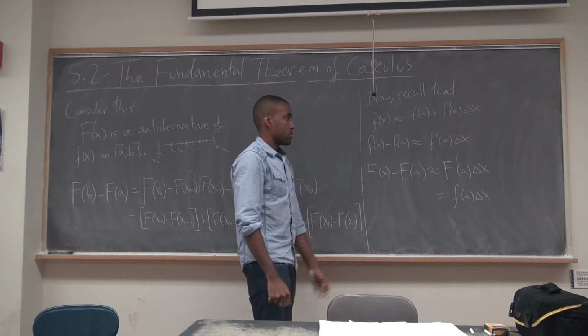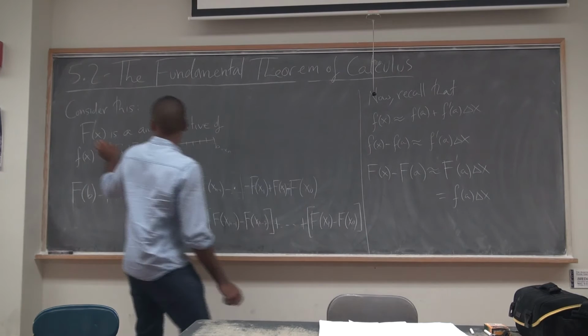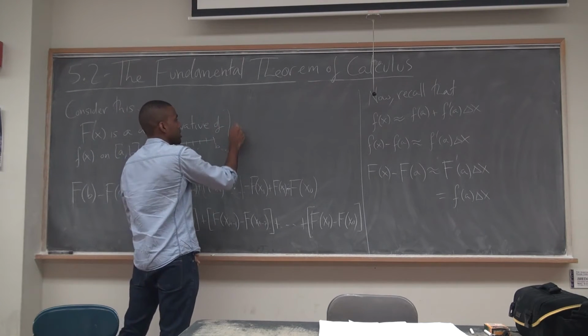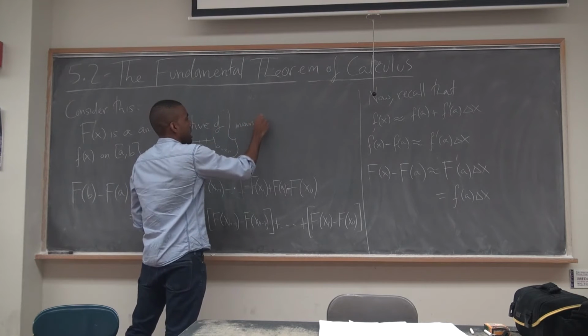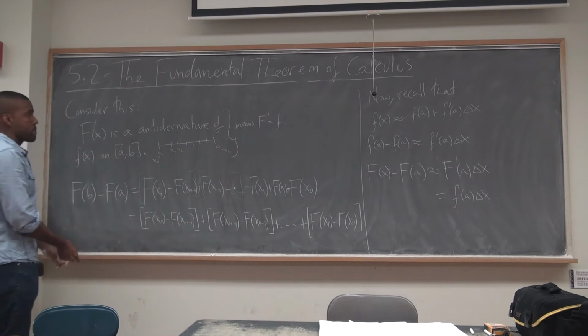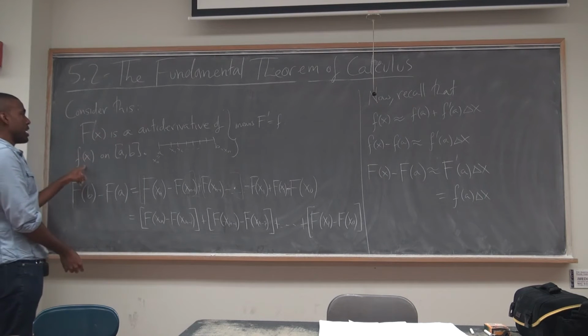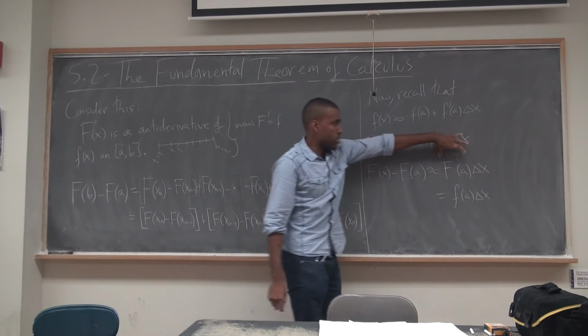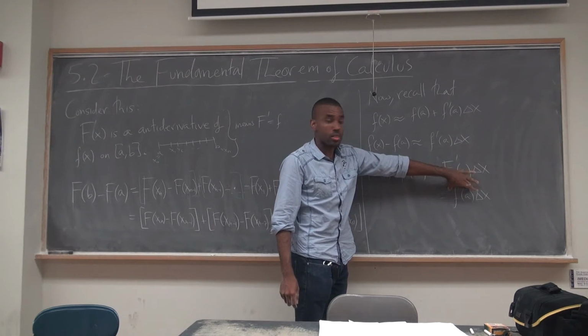All right, one more time. If big F is an antiderivative, it means that F prime equals little f. That's what it means. So saying this is the antiderivative of that means if I differentiate this, I get that.